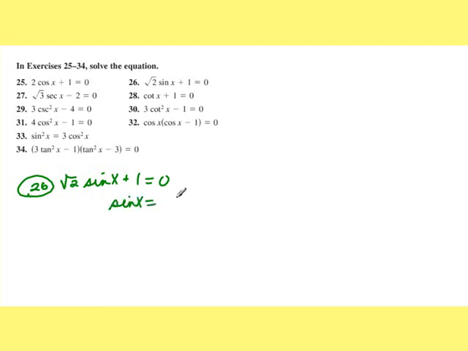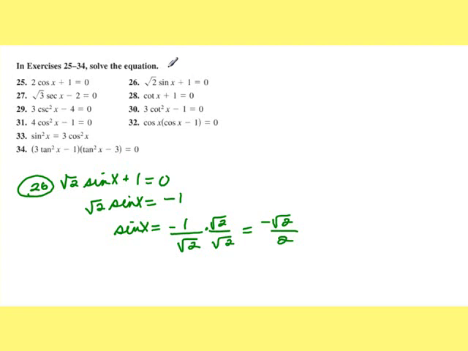We would have to subtract 1 and then divide through by the square root of 2. So sine x, in this case, is negative 1 over the square root of 2. And our unit circle typically doesn't have this without being rationalized, so that's equivalent to negative square root of 2 over 2. So we're trying to think, what are all the angles whose sine is negative square root of 2 over 2?